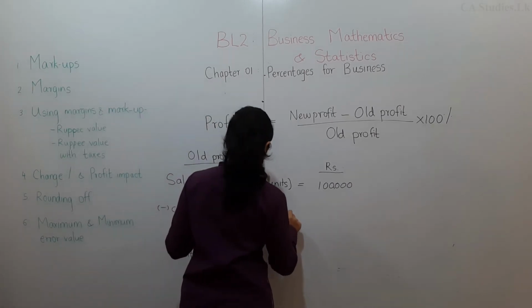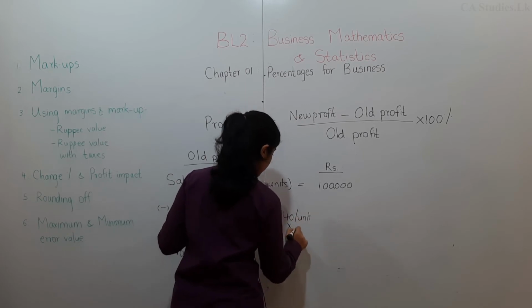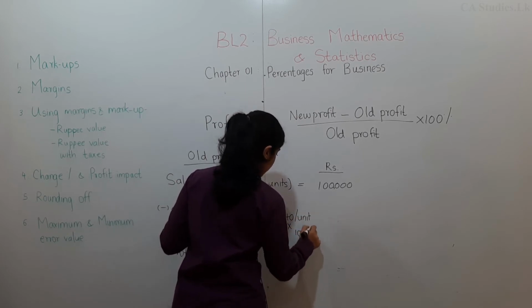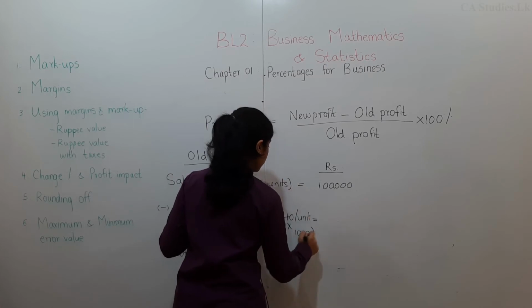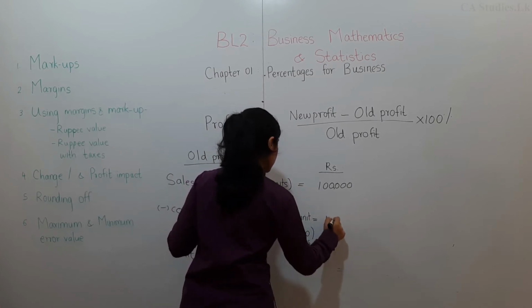Remember, 40 rupees per unit, multiplied by 1000 units, you will get 40,000.